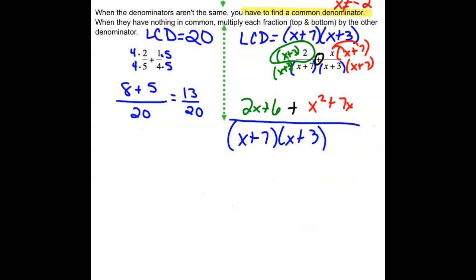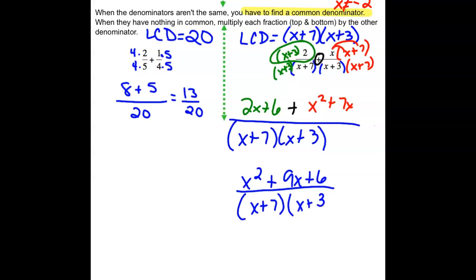So this numerator becomes x squared plus 9x plus 6, all divided by an x plus 7 and an x plus 3. All right. Again, if you're asked for restrictions, we would say that x cannot be negative 7 or negative 3 because it creates a 0 in the denominator.